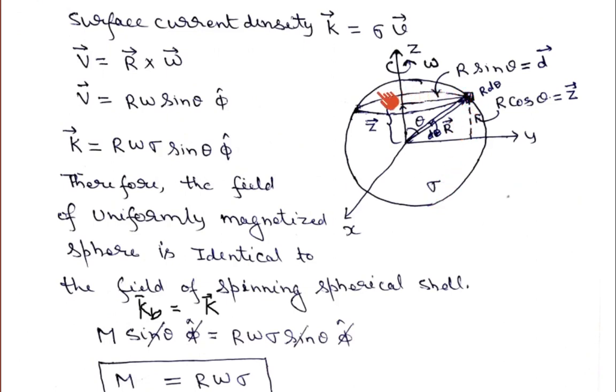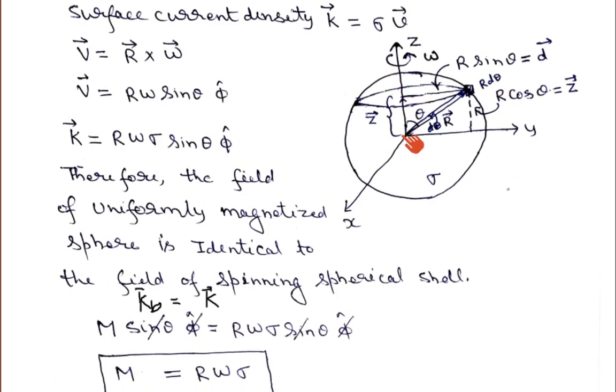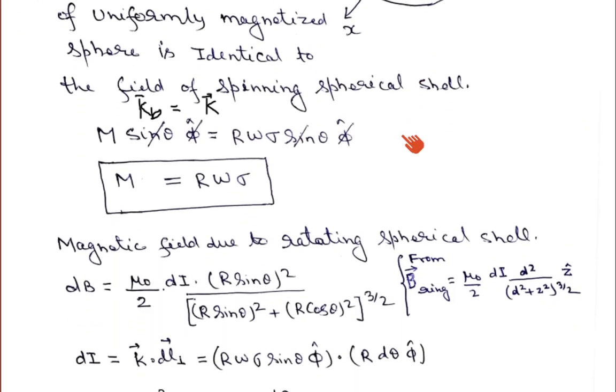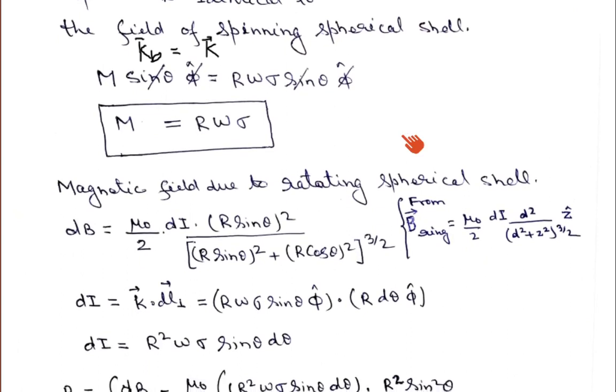If this ring is rotating, that will contribute a current. Then this circle of thickness r d theta becomes equivalent to a circular ring carrying current I, and we can calculate the magnetic field at some distance z. We have already learned that in my previous lectures.